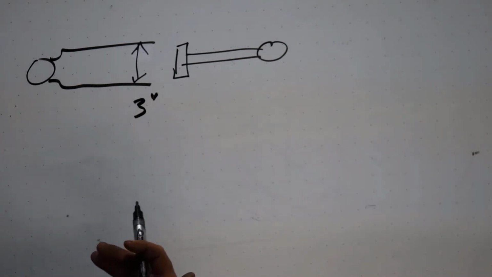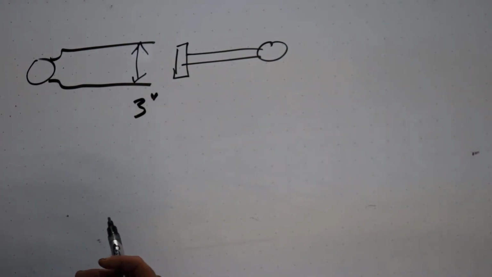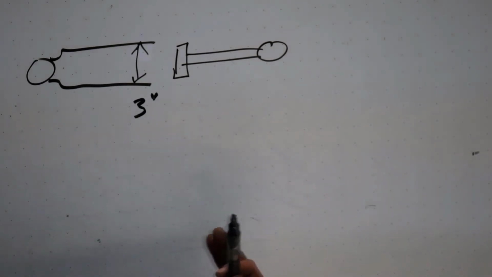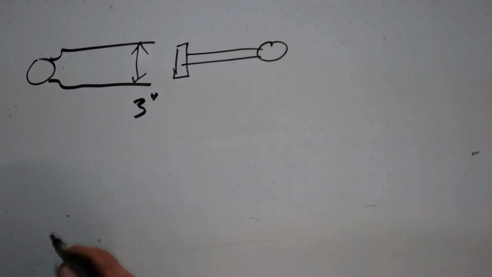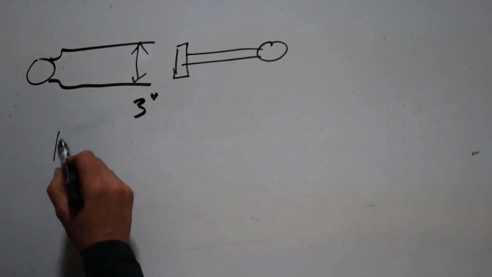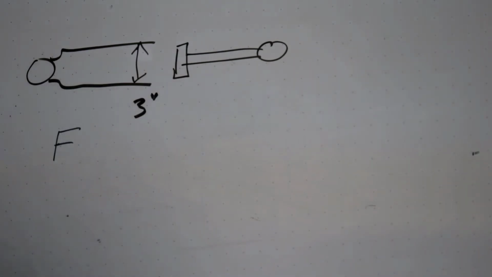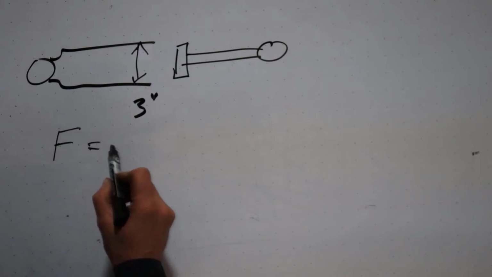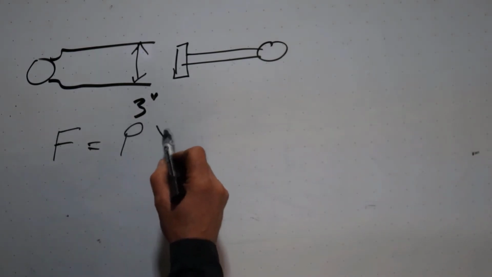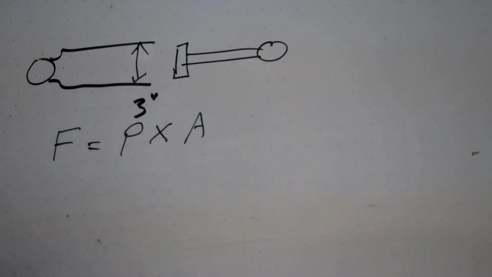So I like metric, but when it comes to figuring out our force, I find imperial a lot easier to deal with. So we're going to make this video about imperial, and I'll do another video showing this same thing in metric. So this first series will be in imperial. So I need to know some formulas. The formula we need to remember is force is equal to pressure times area.